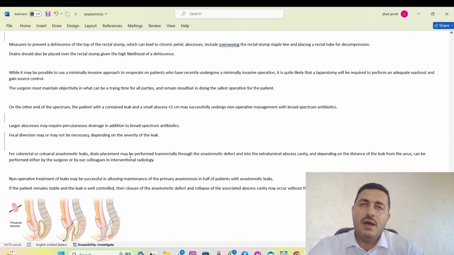Okay, if the index surgery was started laparoscopically, we can redo surgery for the leak laparoscopically, but the chance to convert to open is high, though it is not contraindicated to deal with the leak laparoscopically. Okay.